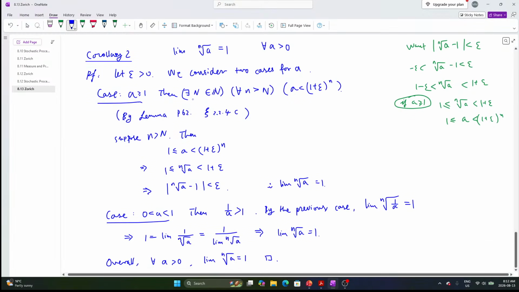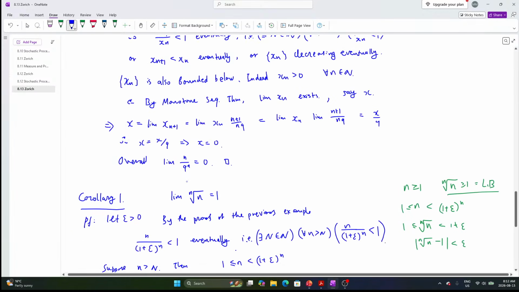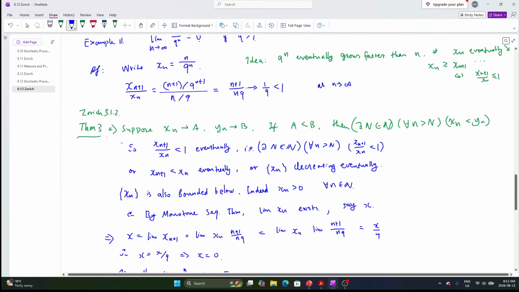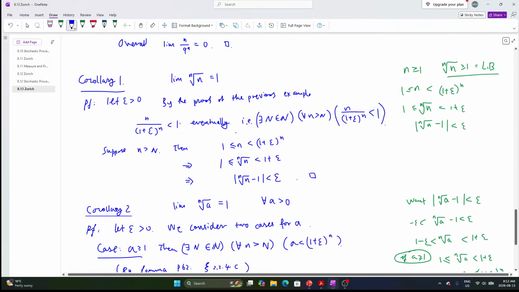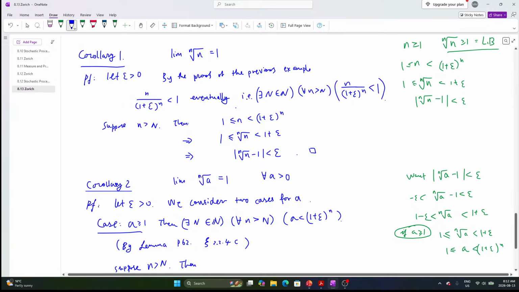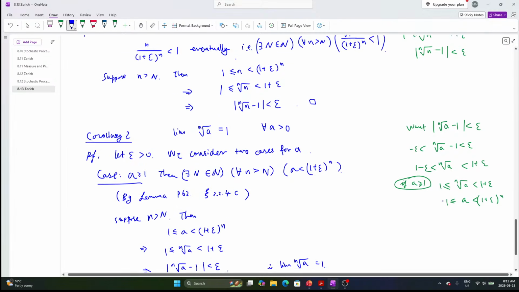So that's another corollary. Actually, this isn't a corollary, I was thinking. This isn't a corollary based on the example, huh? Or is that a corollary of corollary 1? Where did we use corollary 1? We didn't. We just proved it from the definition.